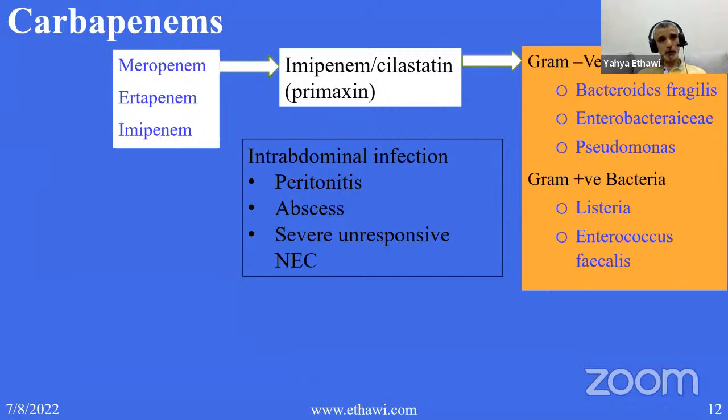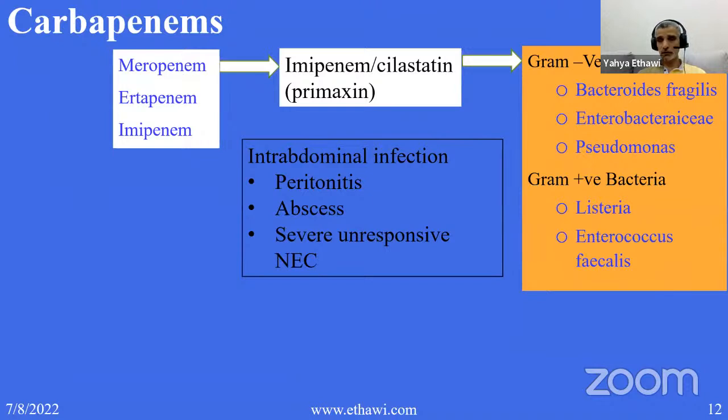So always meropenem is preferred. The ertapenem, I don't have experience because I never used it. It's a very wide spectrum, and it's against Bacteroides fragilis, Enterobacteriaceae, Pseudomonas, against Listeria, against Enterococcus faecalis.